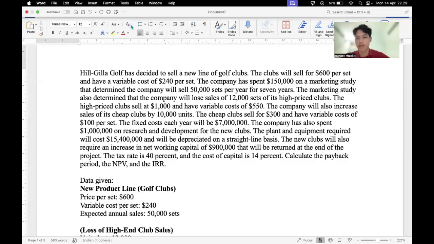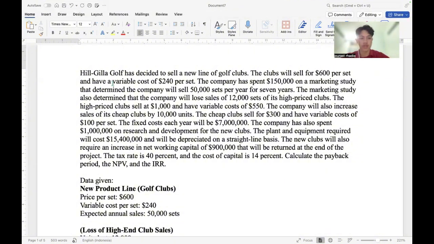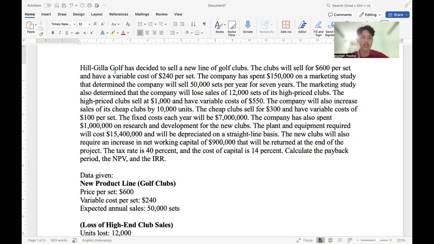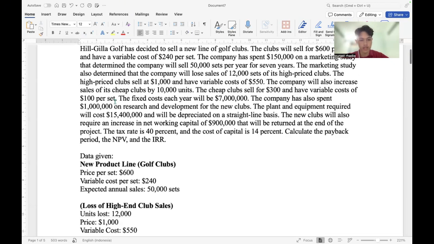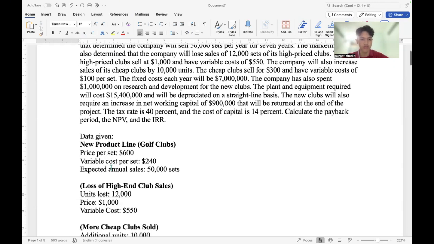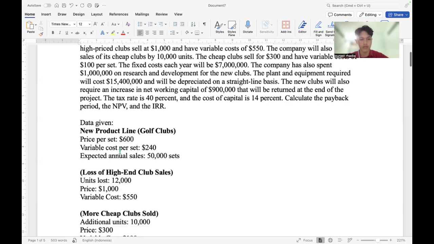Hello everyone, my name is Jourast Armund, and next we are going to discuss case study number 4. In this case, Hilgila Golf has decided to launch their new line of golf clubs. This is the description of the product.